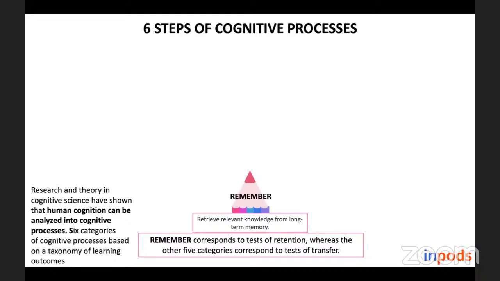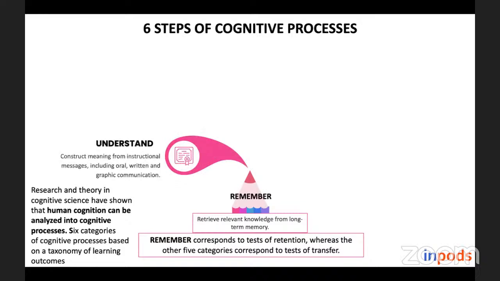Coming back to our 6 steps of cognition, what is important to know here is that remember is one of the most important steps in the cognition, because it is the representation of retention of the knowledge. If the knowledge retention is poor, the transfer of the knowledge will always be a problem.